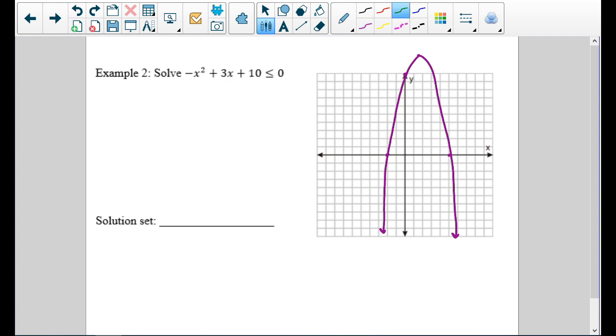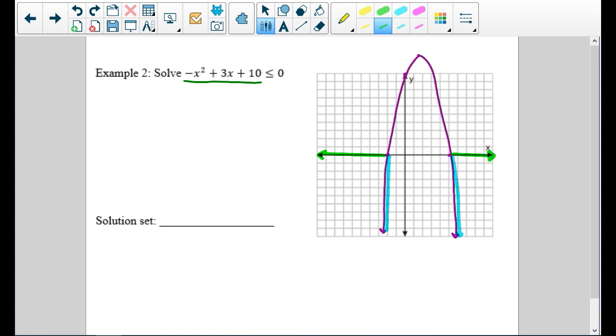So now I'm looking for quadratic less than 0 again. So when I look at this graph, taking less than 0, I'm looking down below here. So down below, my solution is going to go with these x's going out.